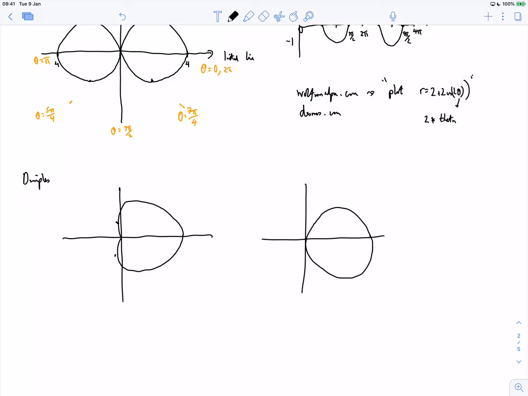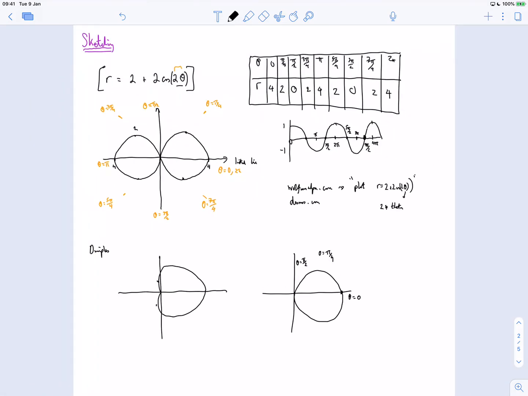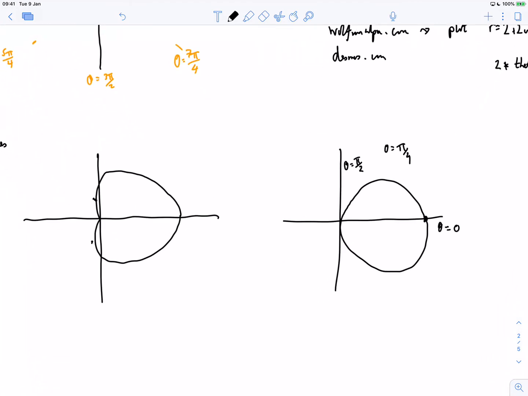Because say for example you've been incredibly lazy and you've only checked theta is 0, theta is pi over 4, sorry, theta is pi over 2, and say you've not gone sufficiently small enough angles of theta and you're worried that you've missed something along the way.